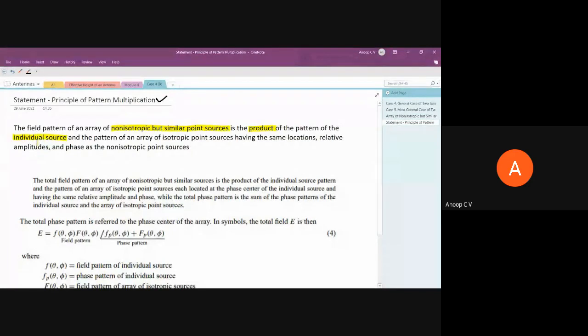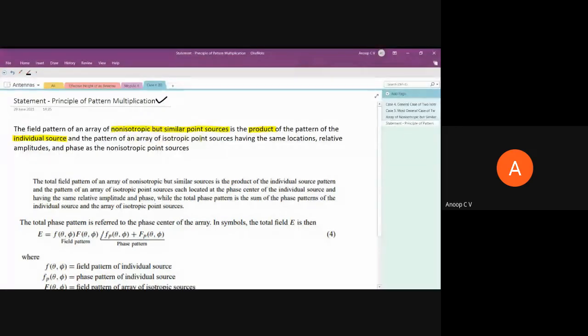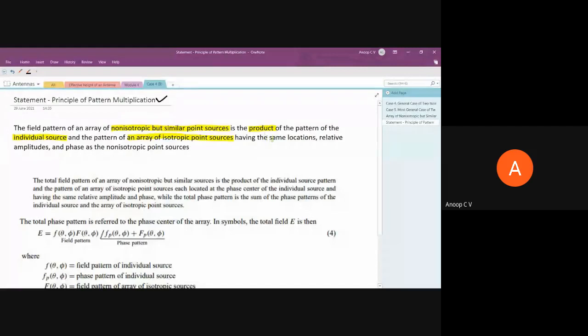In this case, actually, what dipole? It has the pattern equal to sine phi, and the pattern of an array of isotropic point sources having same locations, relative amplitudes, and phase. This is called principle of pattern multiplication.